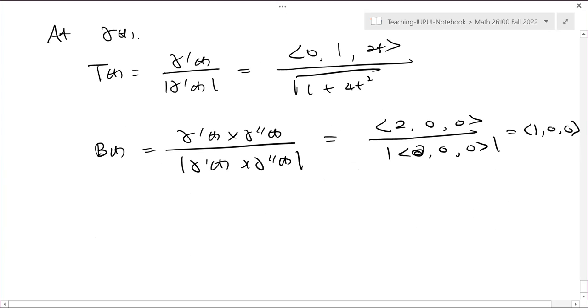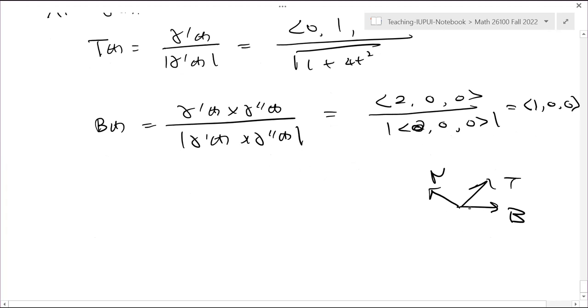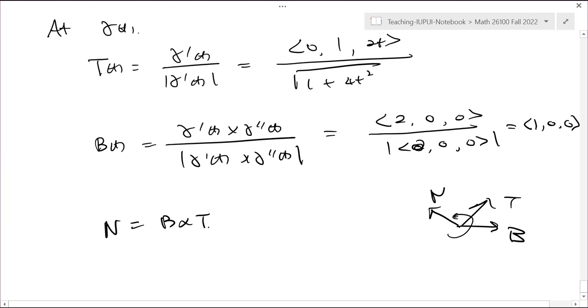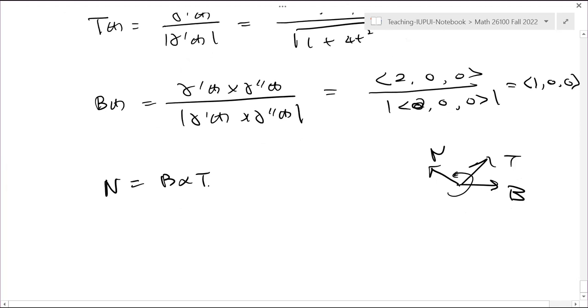So once you find the B, then you can find the N. I think N is B cross T. Look at this picture, right? N is B cross T. So using that will be much easier to find the N. Okay, that's how we do the calculation.